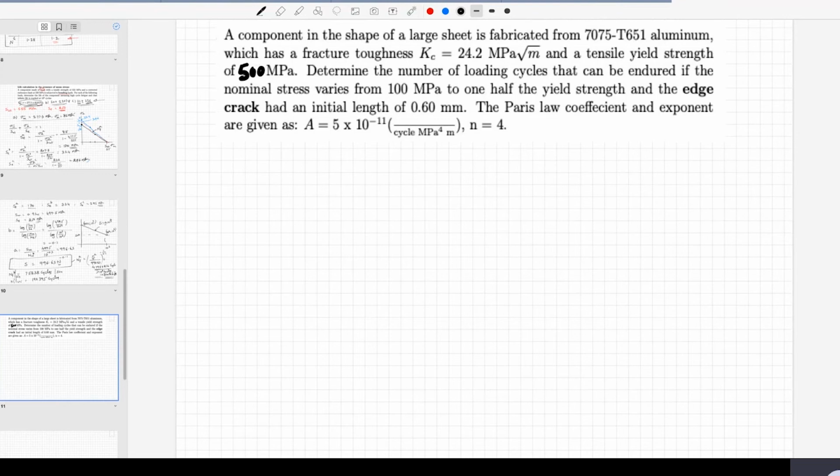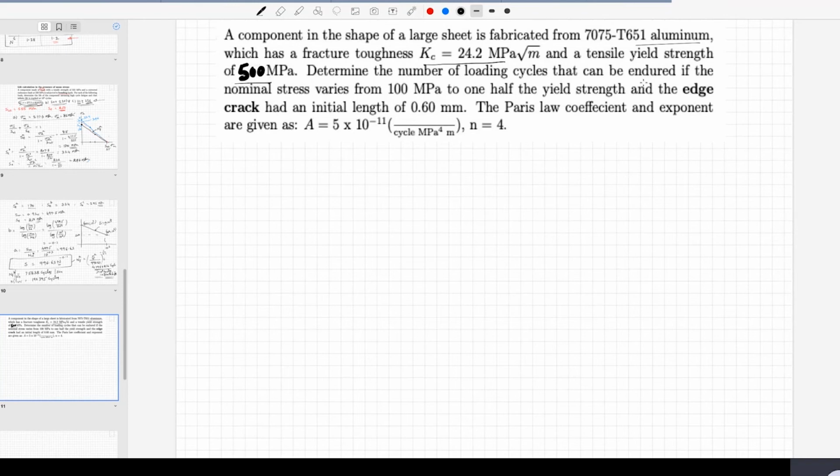This similar problem we have probably solved during the regular lectures also, but I am trying to reiterate again here. Okay, so a component in the shape of a large sheet is fabricated from aluminum, which has a fracture toughness of 24.2 MPa root meter and a tensile yield strength of 500 MPa.